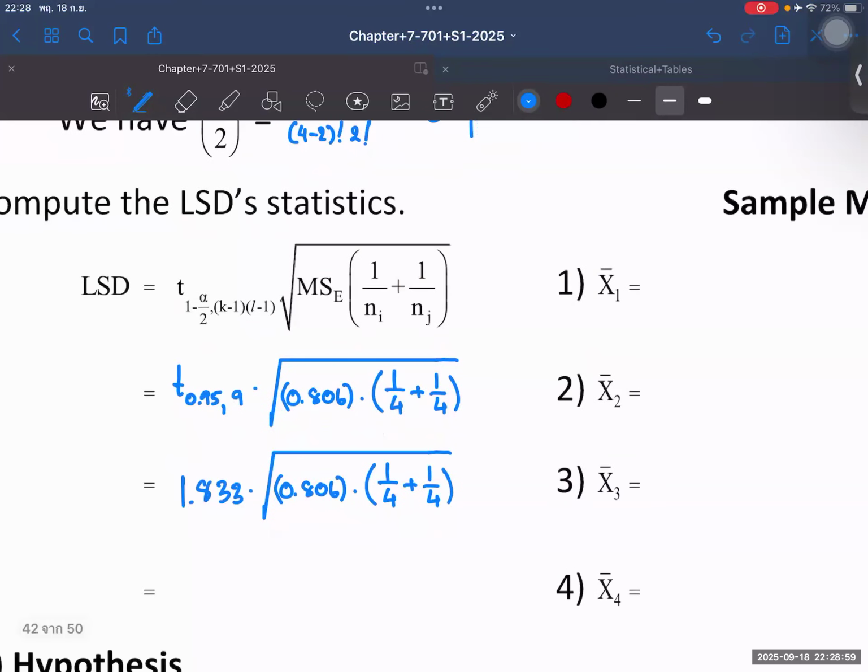Okay. So it's 1.833 times the square root of 0.806 times (1/4 + 1/4). Okay, so we get 1.4.